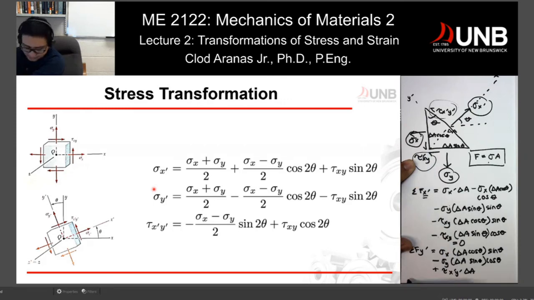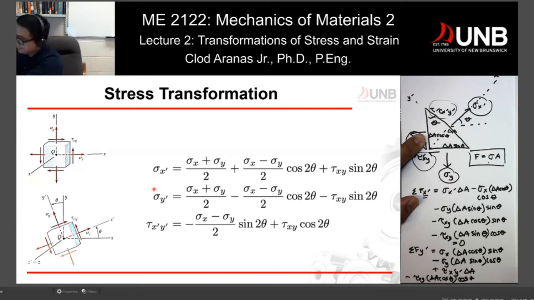So our negative is, I'm thinking if we can see it, yeah, negative tau xy. I'm going to rewrite it on the next page. So delta A cosine theta. So now that's the area right there, cosine of theta.